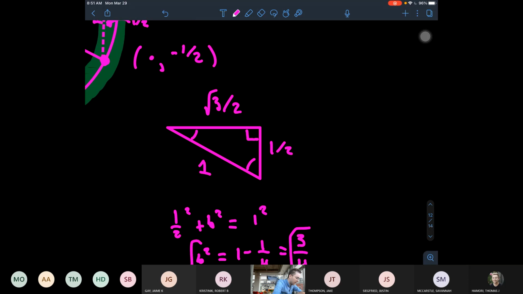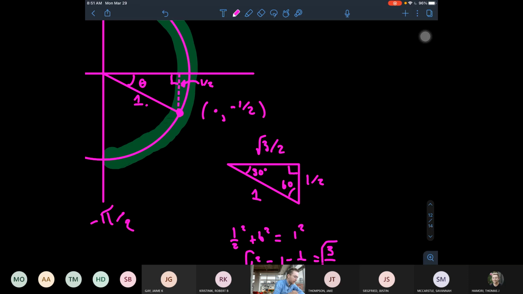Since 1/2 is across from the smallest angle here, this is going to be our 30-degree, and then the side length which is medium is going to be across from the medium angle, which in our case is 60. And then the longest side length, which is 1, is going to be across from the 90.